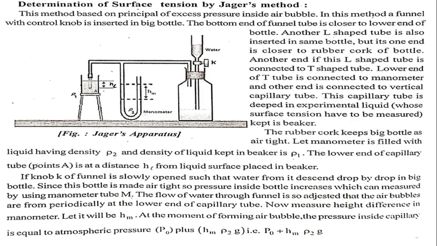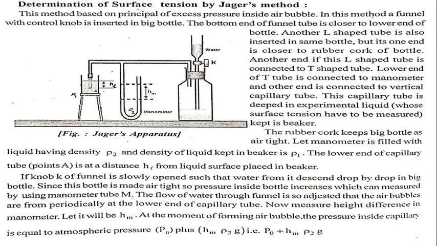Now see in figure, Jager's apparatus consists of a wool bottle, and this bottle has two openings, this one and this is another opening.